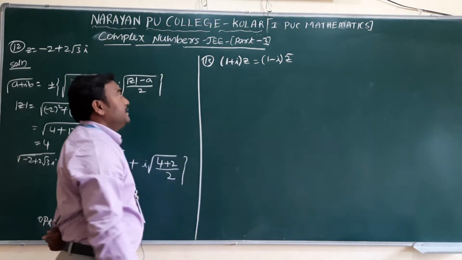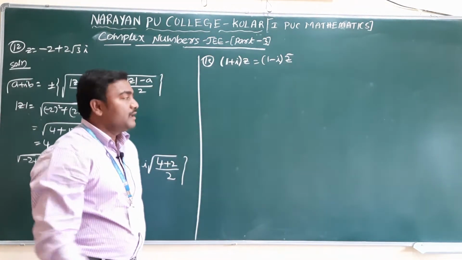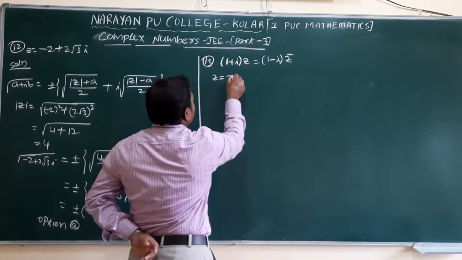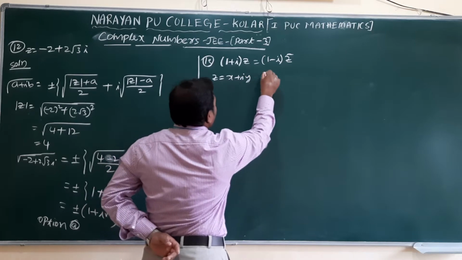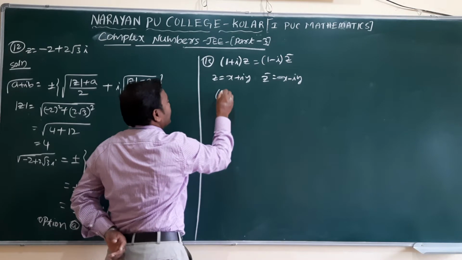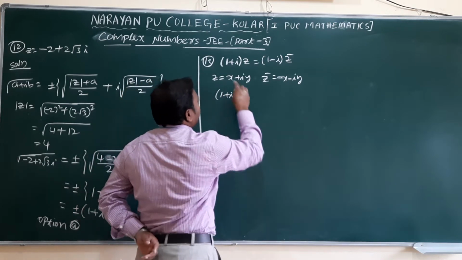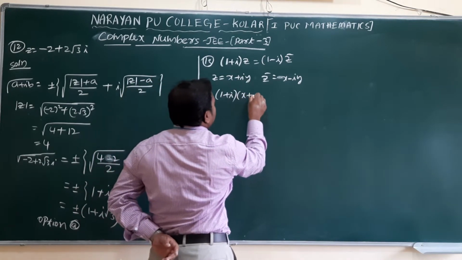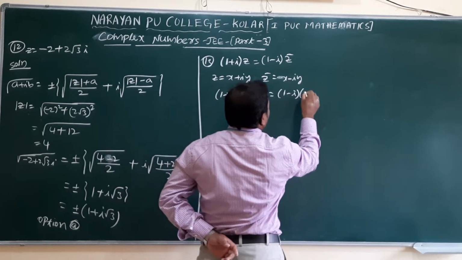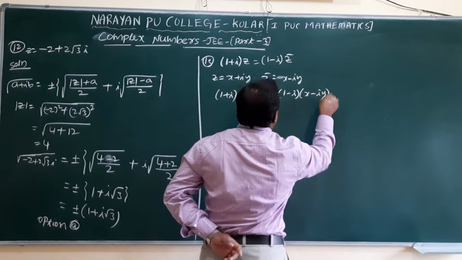Here we take z is equal to x plus iy and z bar is x minus iy. Substitute here: 1 plus i into x plus iy is equal to 1 minus i into x minus iy.